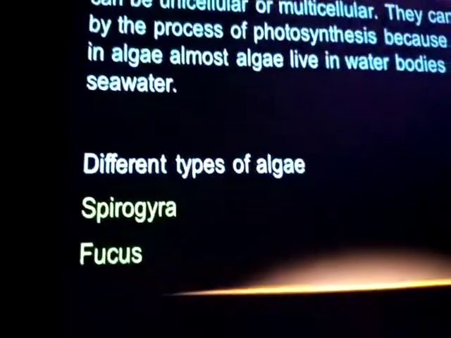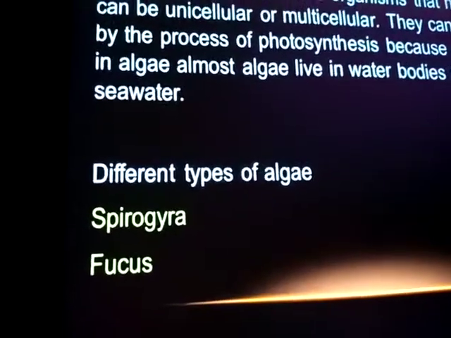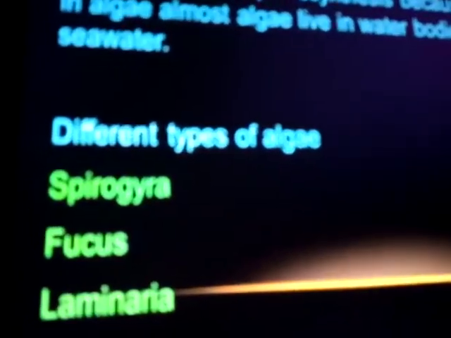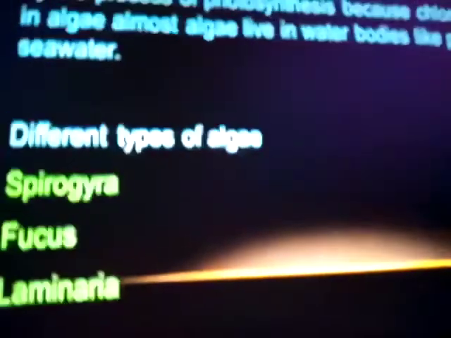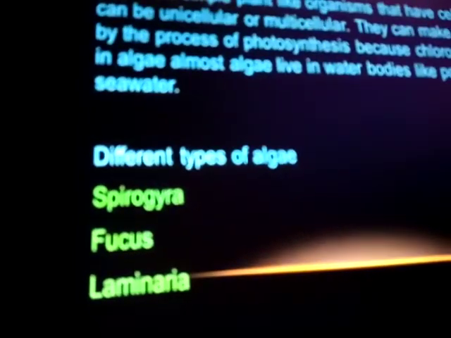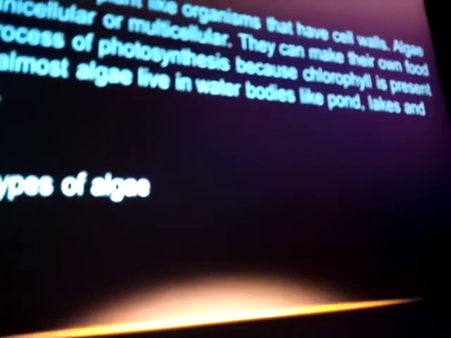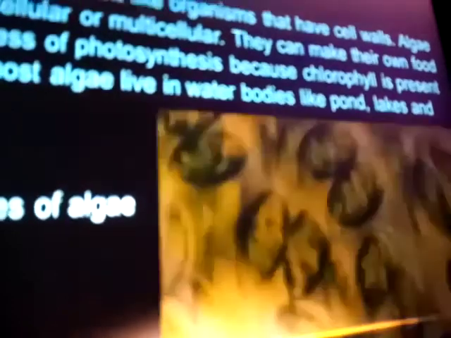Different types of algae are Spirogyra, Fucus and Laminaria. This is what it looks like under the microscope.